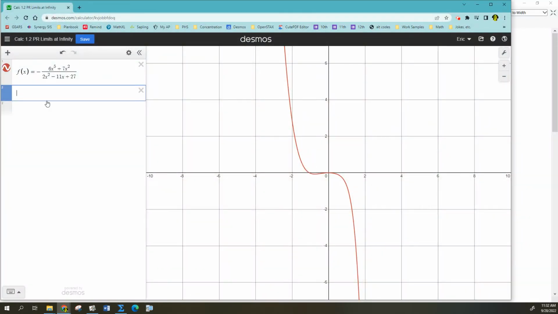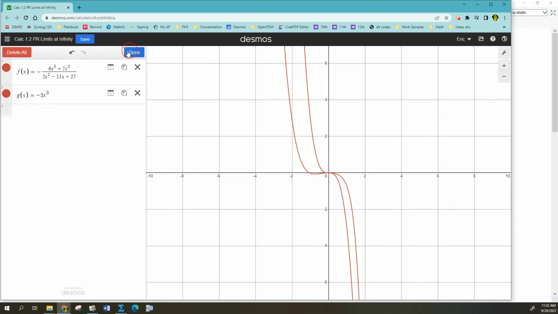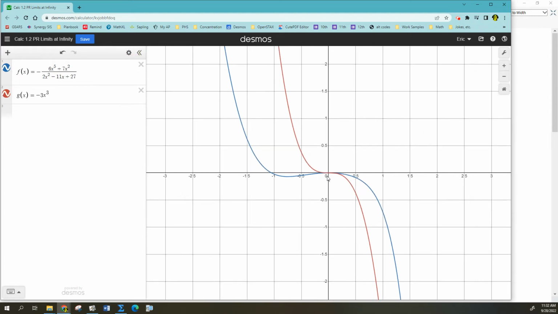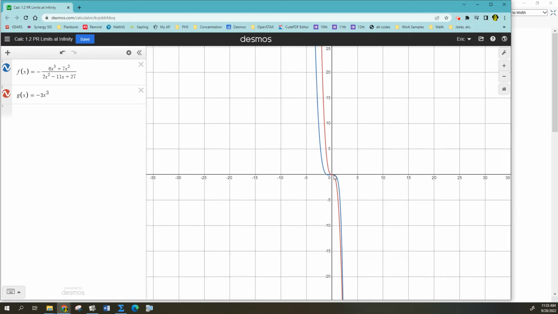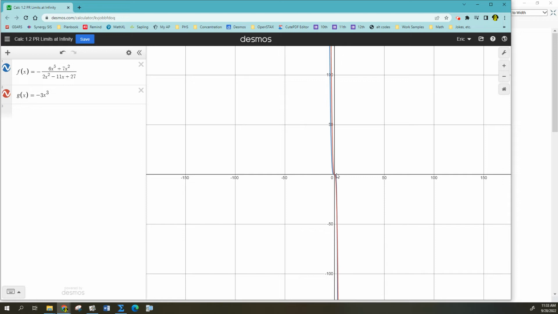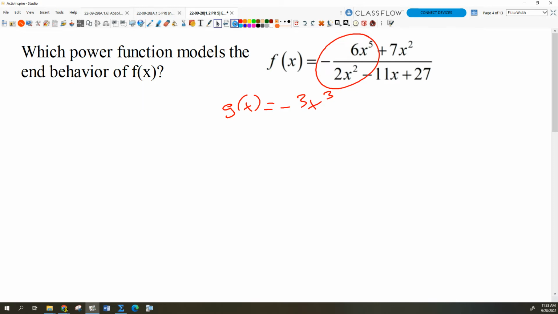Look, they don't look similar close to home, for small values of x, but if you zoom way out, they start to look more and more similar. The end behavior is going to match up. That's the whole point. I probably didn't even need to do that, but you get the idea.